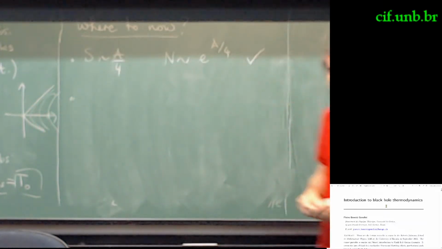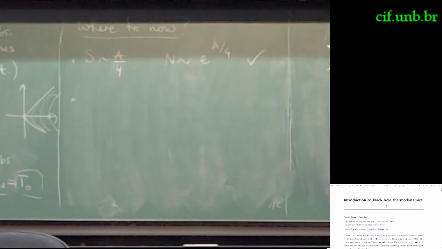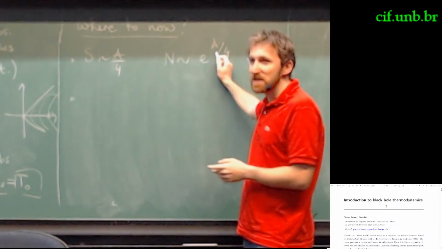If you believe that the entropy of a black hole is proportional to the area of the horizon, and if you believe that black holes do form, then there will be a bound on the amount of entropy that can exist in a volume that is actually proportional to the area.